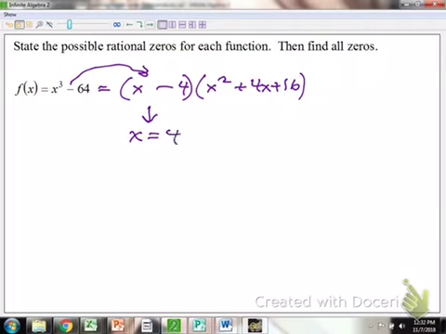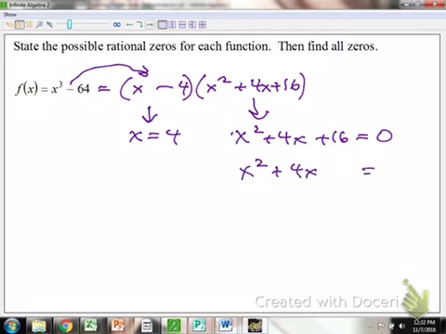The remaining zeros are going to come from solving x squared plus 4x plus 16 equals 0, which is, again, another great candidate for using completing the square, because a is 1 and b is even.